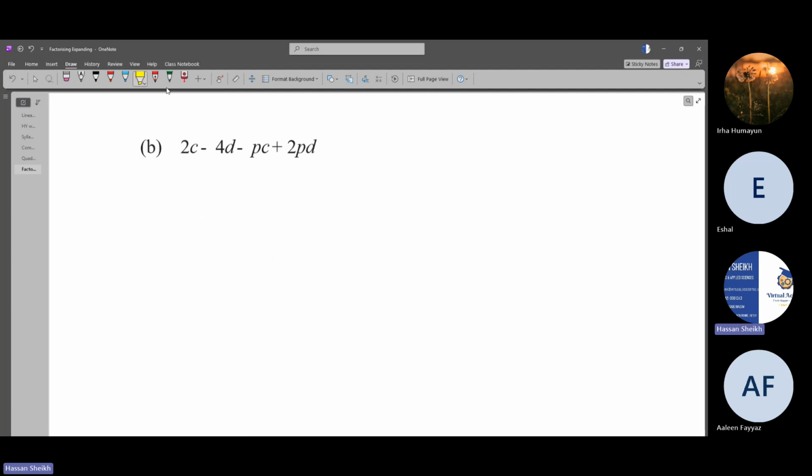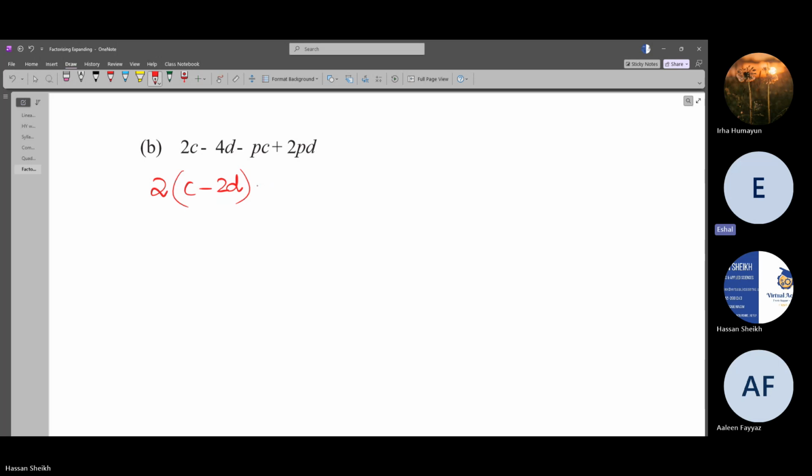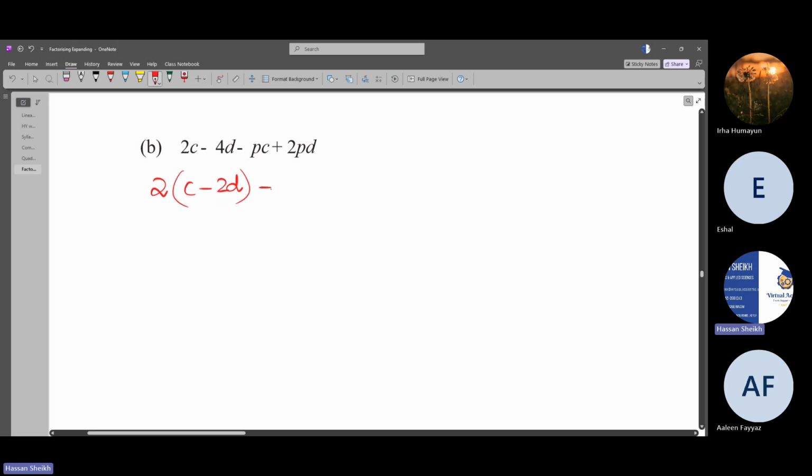Yes. Now, okay, tell me how to solve this one. So first of all, we're going to take 2 common. That would give us c minus 2d, bracket close. And now you're going to take p common. Okay, minus p, you mean.